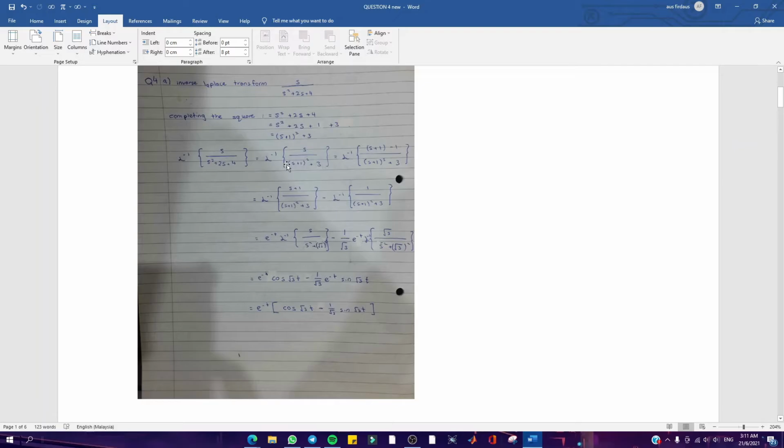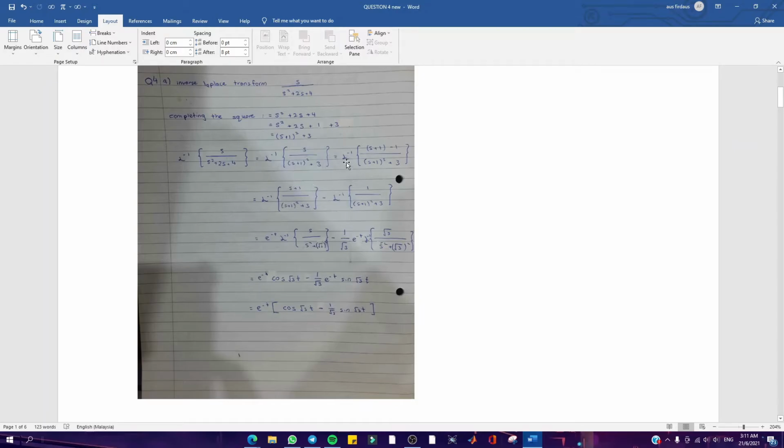So we start the inverse Laplace transform. From here, we need to write s plus 1 and then minus 1, because we want the same in the bracket down here to make the inverse Laplace transform easy.